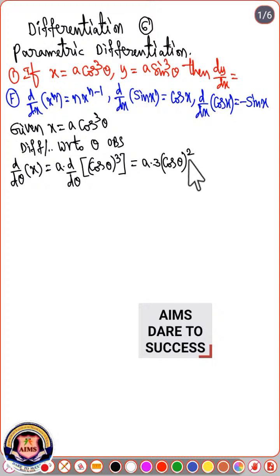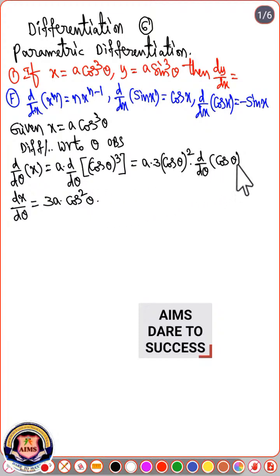And we must apply the internal derivative, because this is in the form of x but not exactly x. So apply d by d theta of cos theta. Next, dx by d theta is equal to 3 into a, that is 3a, into cos theta whole square, which is cos square theta.